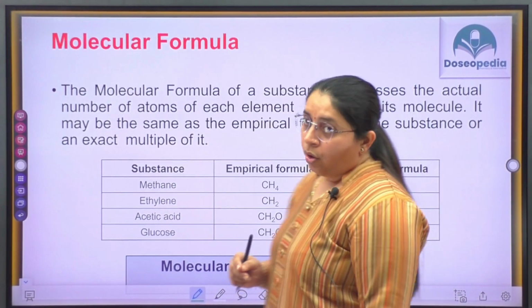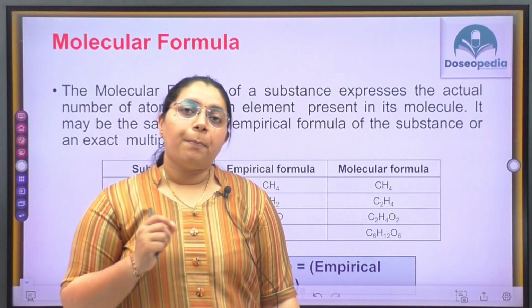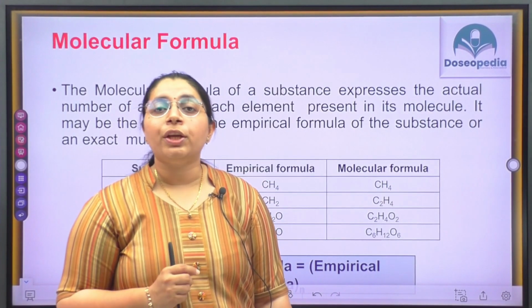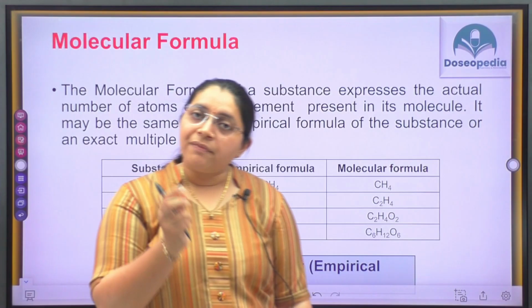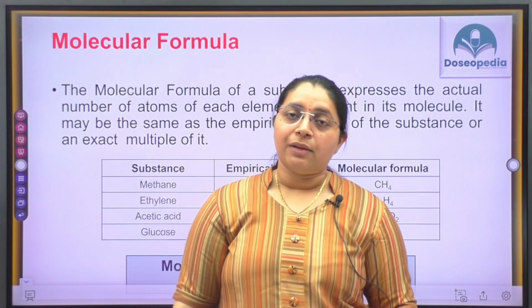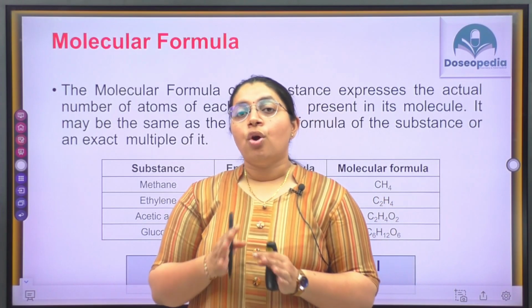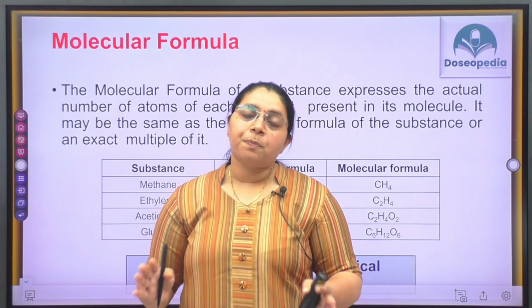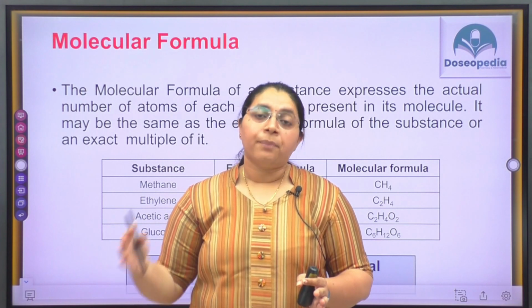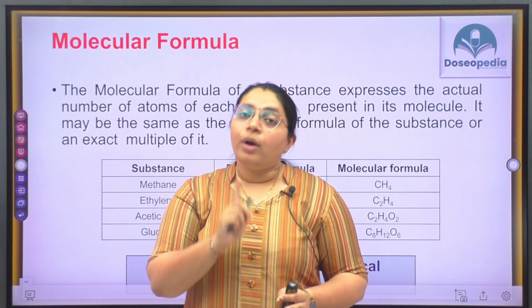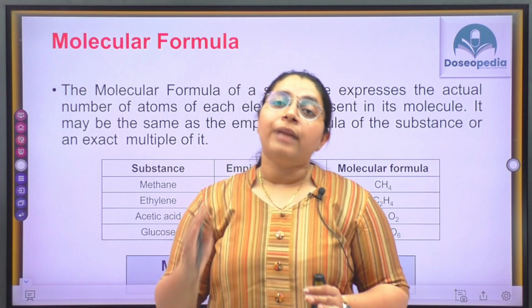Now we have seen what is empirical formula. Now let's go for molecular formula. As we have discussed, the empirical formula gives us the percentage of particular elements present in the organic compound. But the molecular formula is opposite to that.